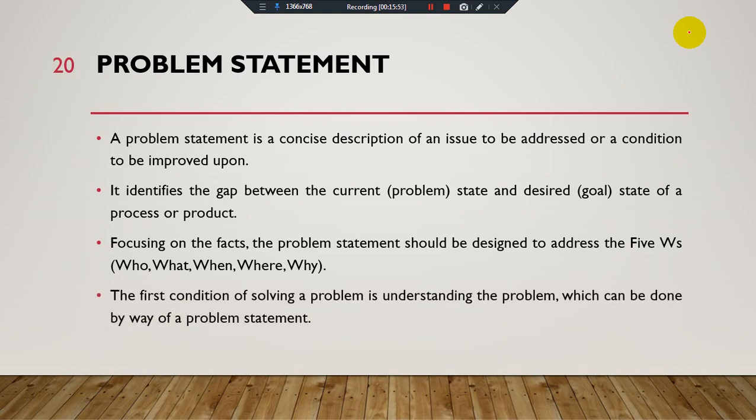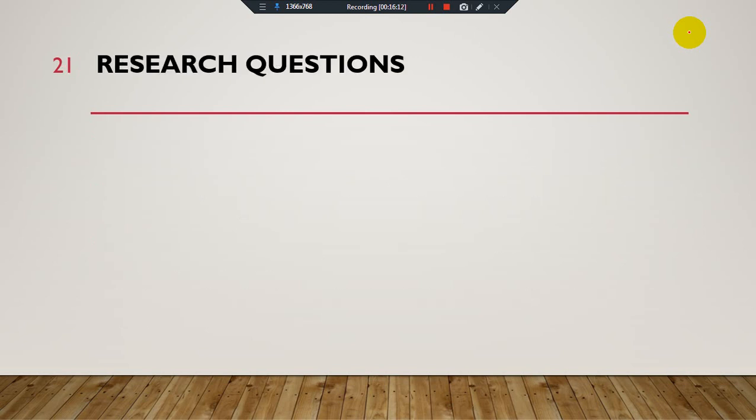The first condition of solving the problem is understanding the problem, which can be done by way of a problem statement. So normally we can say that understanding the problem is half solving the problem. So you have to clearly understand your problem.